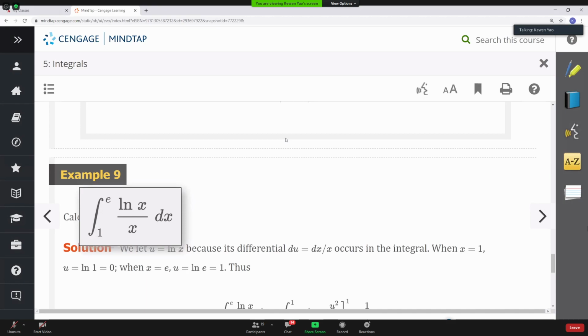Please solve this by yourself by using the u substitution method. So what's u here? Let me give you a hint: u equal to ln x. It works.